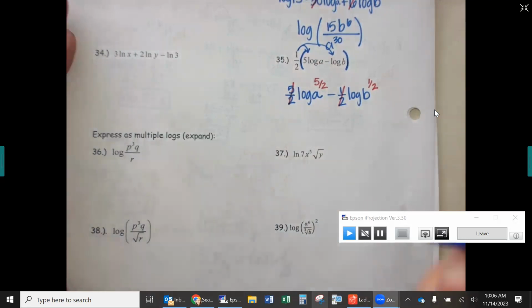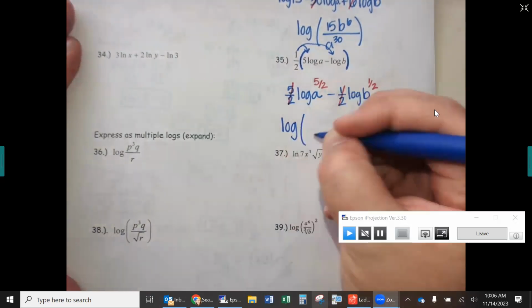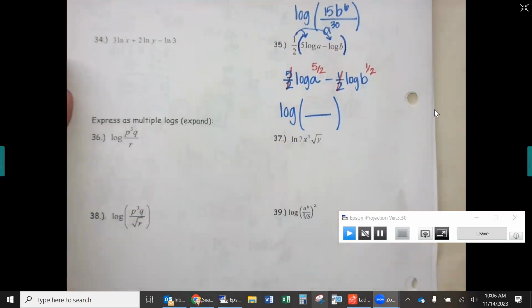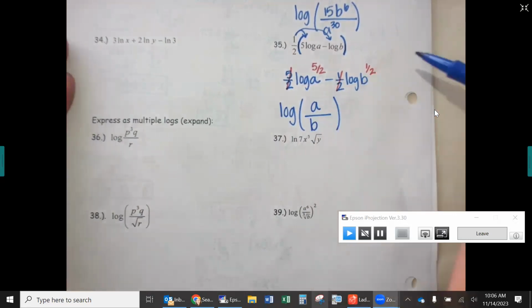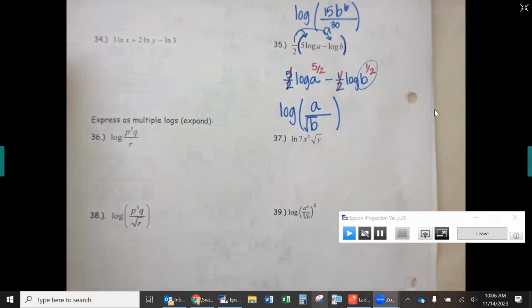Okay, then from there, where is my A going to end up, top or bottom? A is going to end up on top. Where's B going to end up? Bottom. Now let's talk about the powers. B was to the 1/2. What is that the same as? Square root.